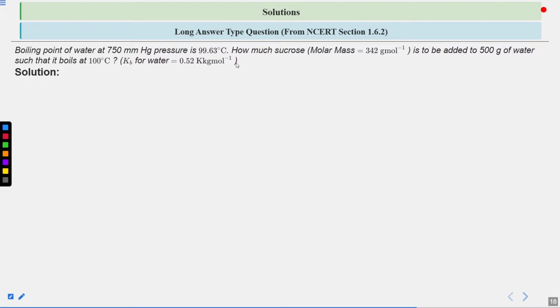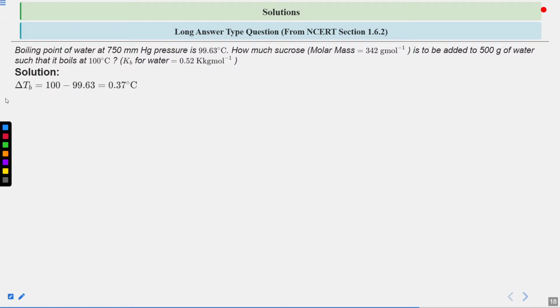Here it is given that it covers section 1.6.2, but in the examination no such information will be provided, right? So you have to relate which section or part of the chapter this question covers, and then answer. So let's see what the solution will be.